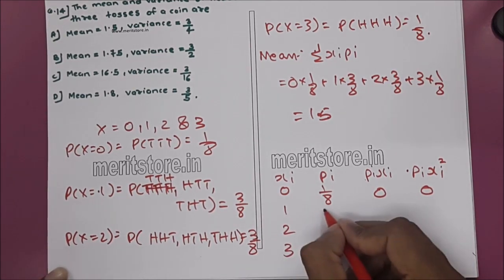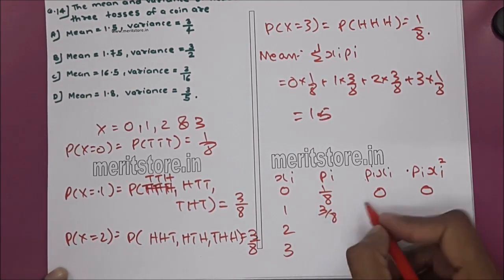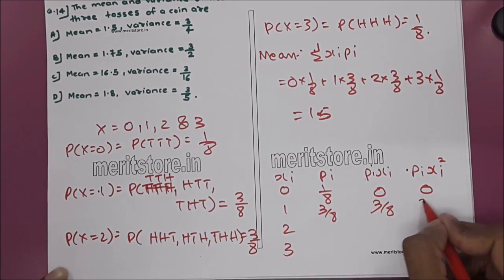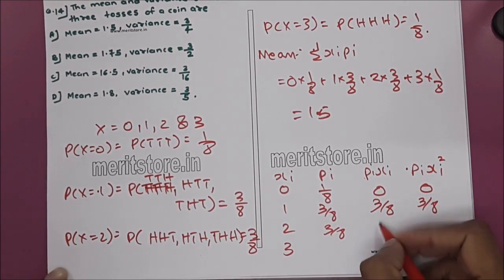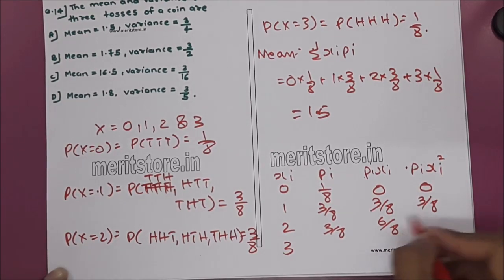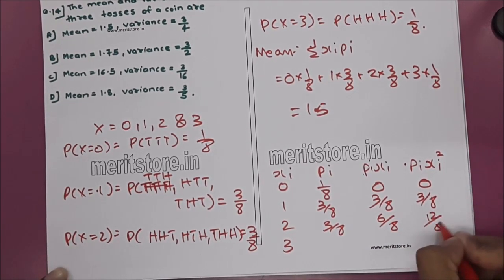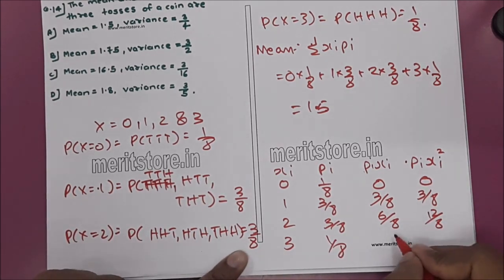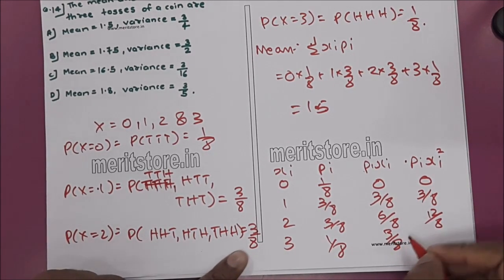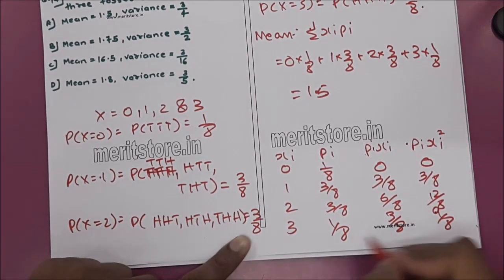For 1, pi is 3 by 8, so we multiply this, we get 3 by 8. Even this is 3 by 8. For 2, it is 3 by 8, we multiply, we get 6 by 8. This we get 12 by 8. For 3, it is 1 by 8. Pi xi is 3 by 8, and pi xi square is 9 by 8.